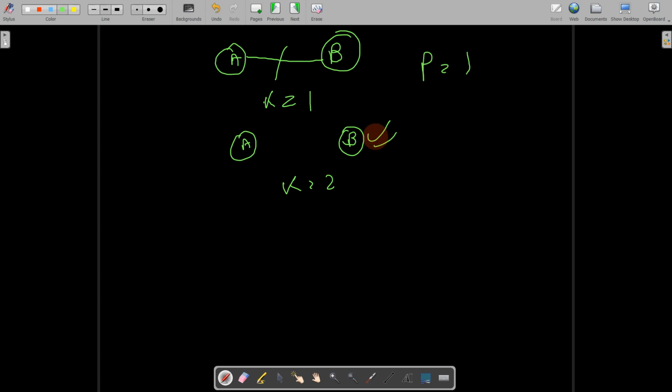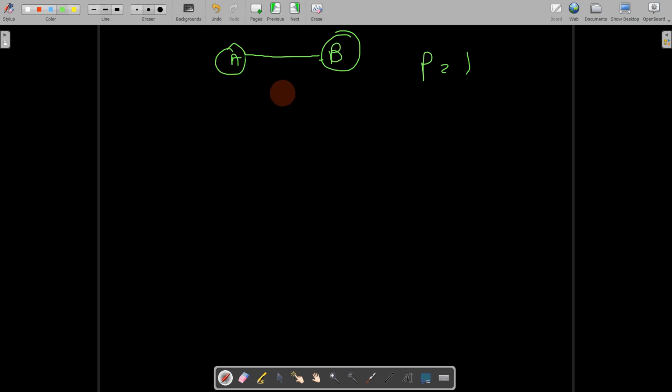Now what about cut vertices? Now we will check the possibility of cut vertices, whether Q is true or not. So if you remove this vertex B, only this vertex A remains in the graph.